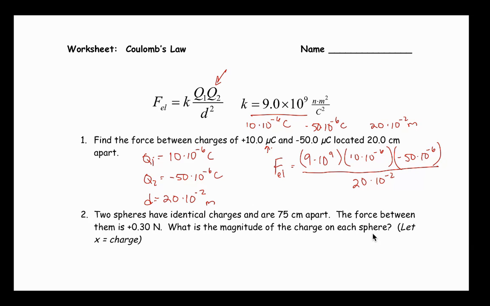I'm going to have 9 times 10 to the 9th times 10 times 10 to the negative 6 times negative 50 times 10 to the negative 6 divided by 20 times 10 to the negative 2 squared.